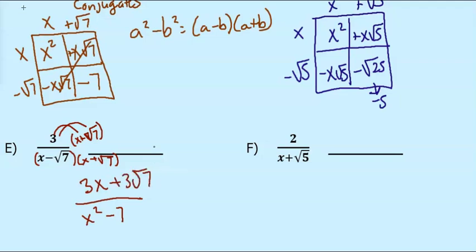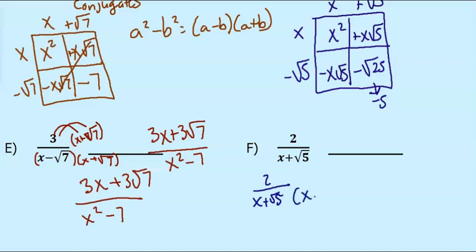When you rationalize a denominator, it's okay to have those irrational numbers in the numerator. You just don't need to have those in the denominator. In general, they want just natural numbers in the denominator if at all possible. F, 2 all over x plus the square root of 5.